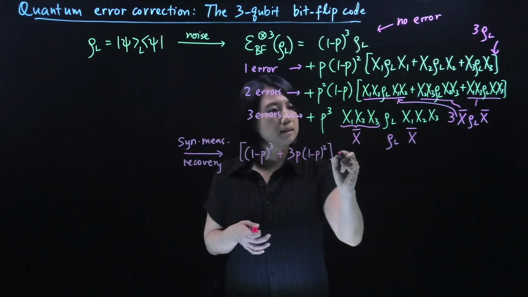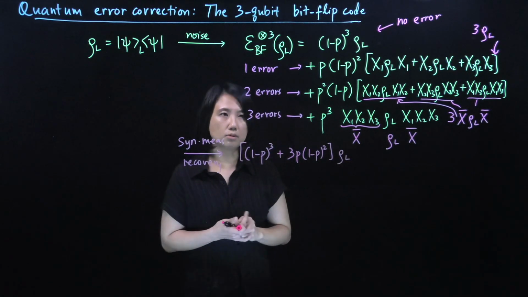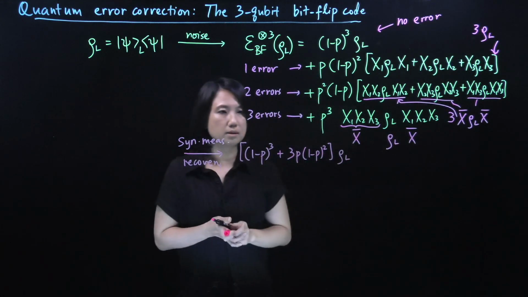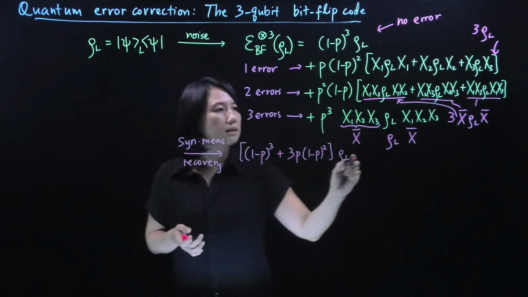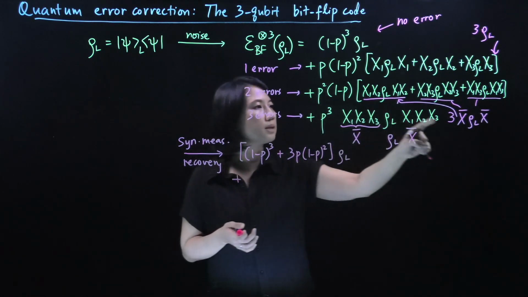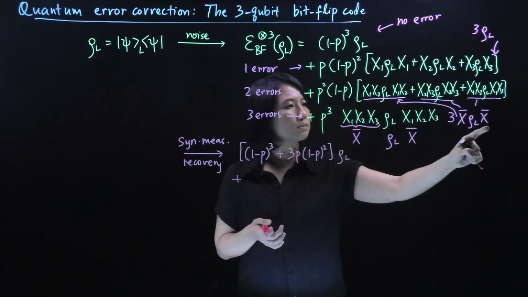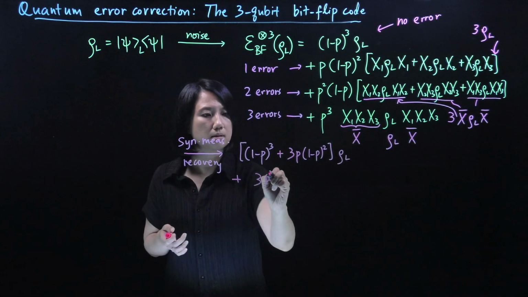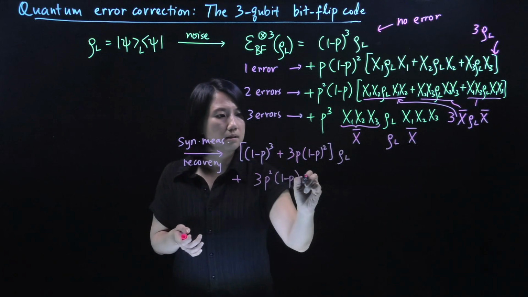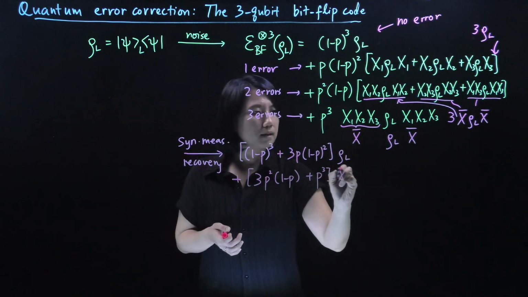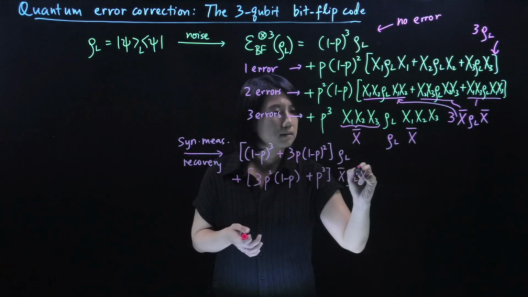This becomes just the state rho L, because these cases were already fixed by the recovery operation. And the remaining two terms all become the state x bar rho L x bar. I just need to make sure that I have the correct factors of 3 put in: 1 minus p plus p cubed, x bar rho L x bar.